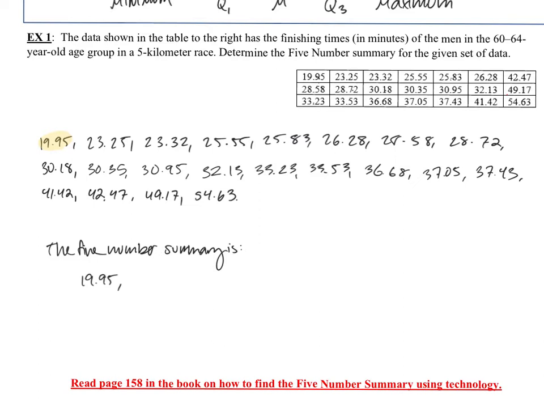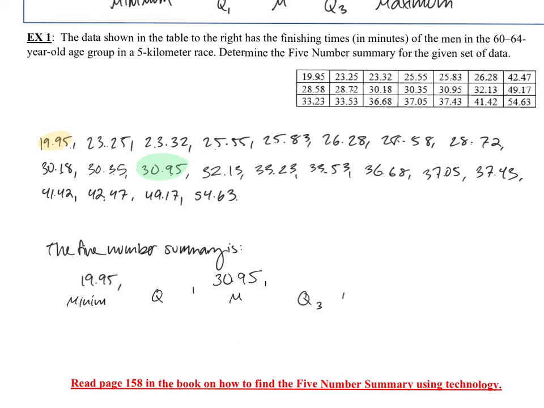Let's count that out. 1, 2, 3, 4, 5, 6, 7, 8, 9, 10, 11. Alrighty. 30.95 is my median. It was easier to just find that one first. So we'll find Q1 in a sec. Okay, so then actually it's also easier to find my maximum.